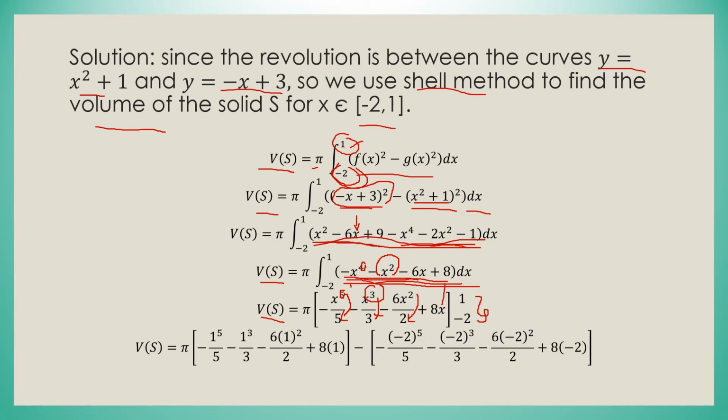So we are going to apply the previous knowledge that we have learned in this subject. So the next is we have the volume of S is equal to pi times negative 1 raised to 5 over 5 minus 1 raised to 3 over 3 minus 6 times 1 raised to 2 over 2 plus 8 times 1.